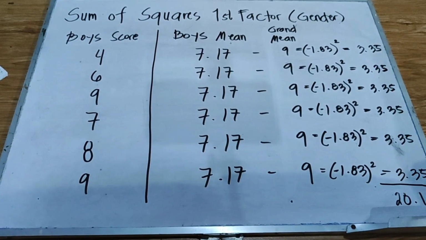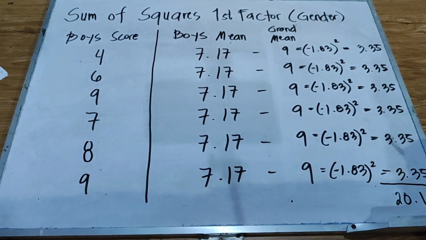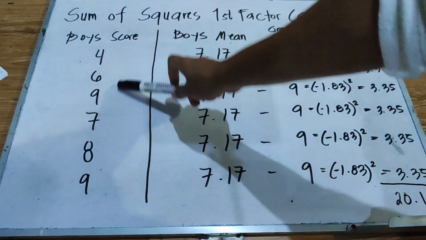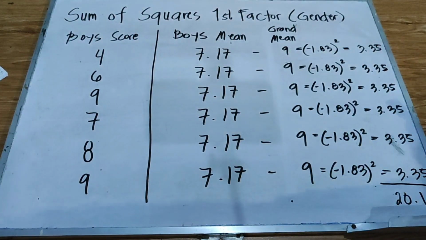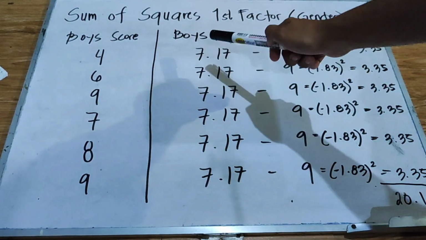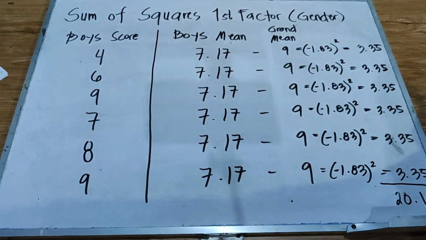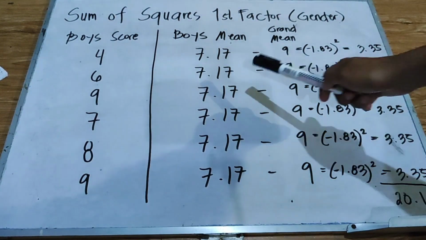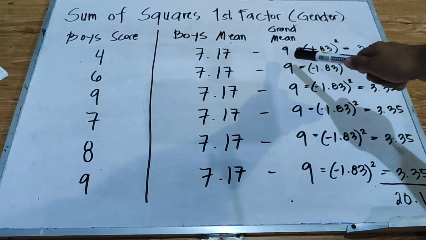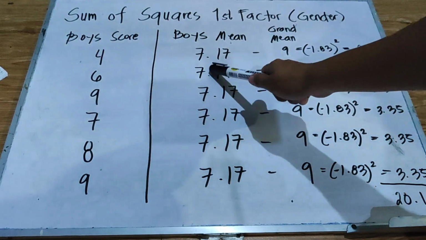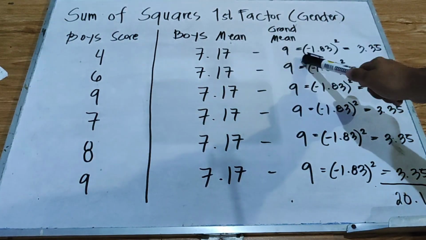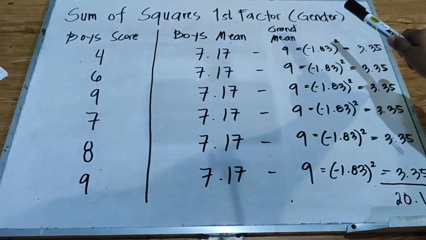So, let's compute the sum of square first factor. So, una na to pag-compute kay ang boys group. So, mo nilang score. Nga sa pagkuha sa squares first factors kay mag-minus ta sa boys mean o sa grand mean. Nga atong boys mean sa main table ganina is 7.17. Nga atong grand mean is 9. So, 7.17 minus 9 is equals to negative 1.83.